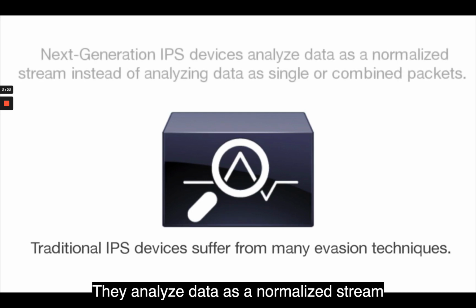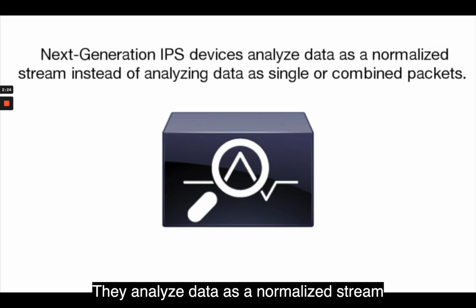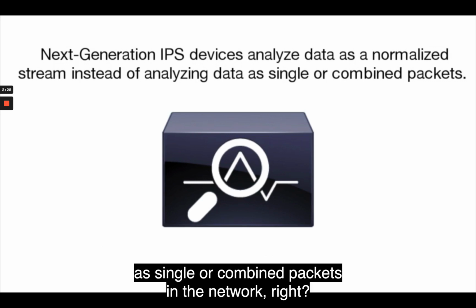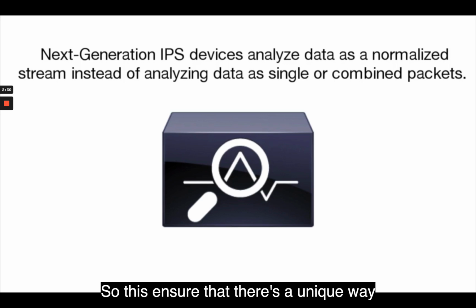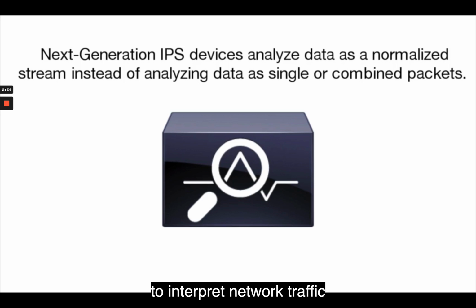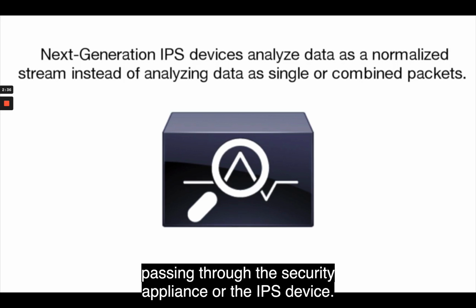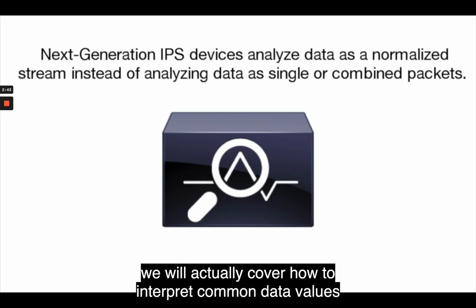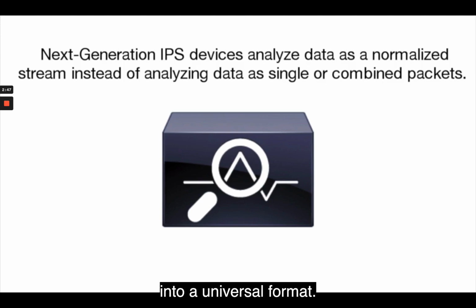They analyze data as a normalized stream instead of actually analyzing data as single or combined packets in the network, right? So this ensures that there's a unique way to interpret network traffic passing through the security appliance or the IPS device. Now, in the following lessons, we will actually cover how to interpret common data values into a universal format.